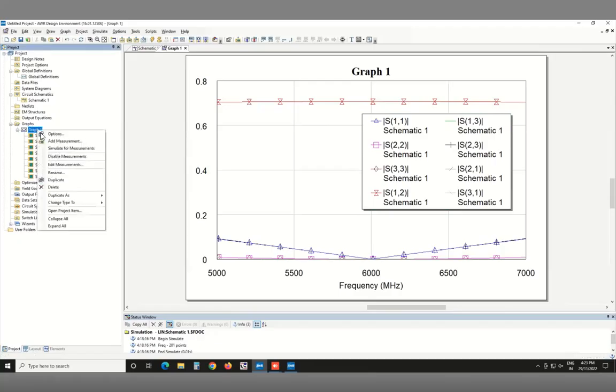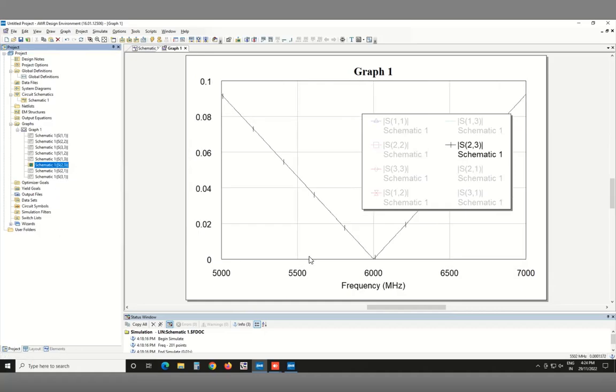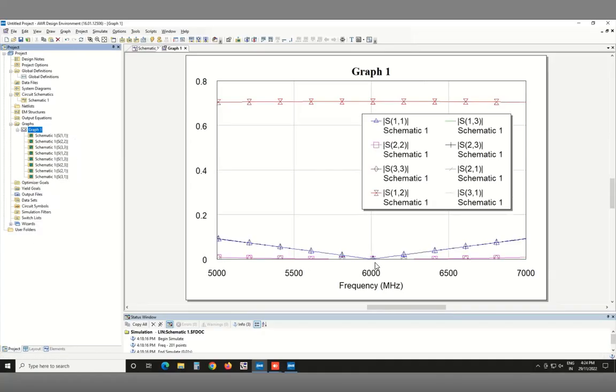Let me. Yeah. So S23 here is again 0 at the operating frequency of the transformer, and it's non-zero at other places. So I think it lines up with one of these blue curves, I guess.